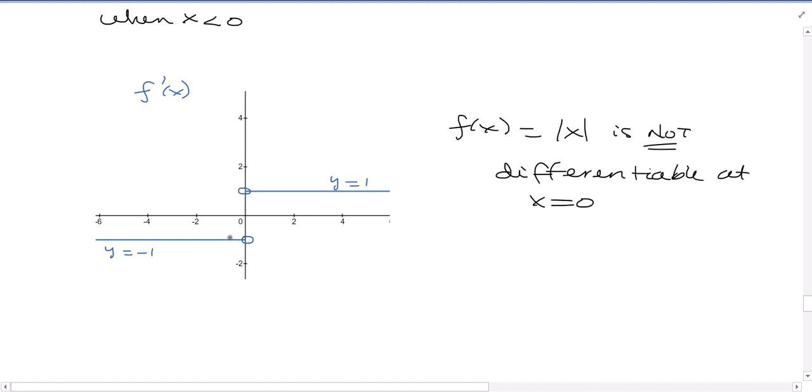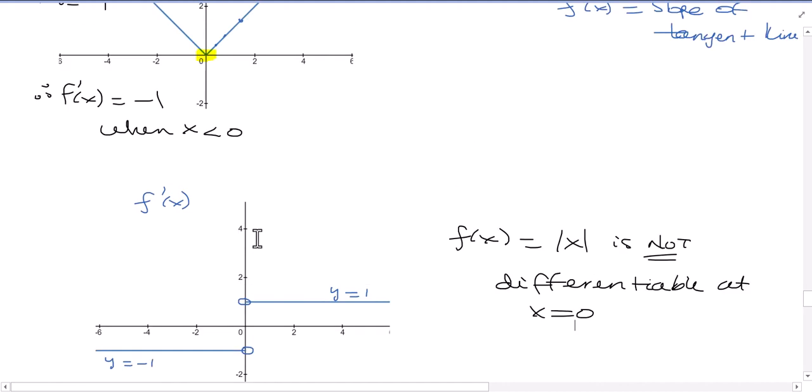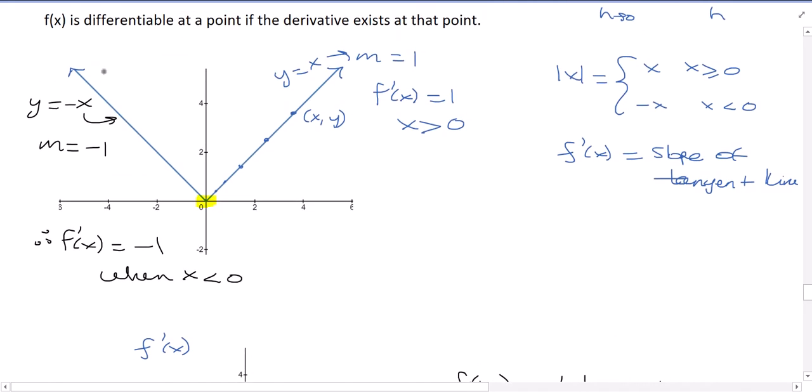Because I cannot have a single tangent line, the slope at 0 looks like the slope could be 1 and the slope could be negative 1. So going back to my absolute value, notice that if I try to draw a tangent line here, I could draw many different tangent lines. I could have a tangent line with the slope of 1, with the slope of negative 1.